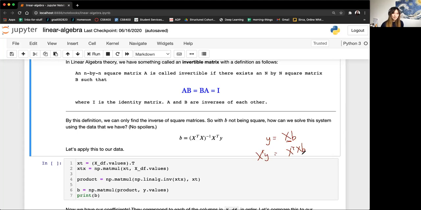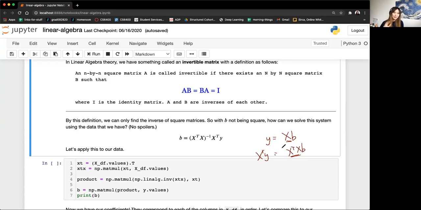When you multiply a matrix by its own transpose, it ends up being a square. I won't get into why that is right now, but if you break down the matrix multiplication, anything times its own transpose, whether it's left or right multiplied, becomes a square, which is pretty neat for our purposes.